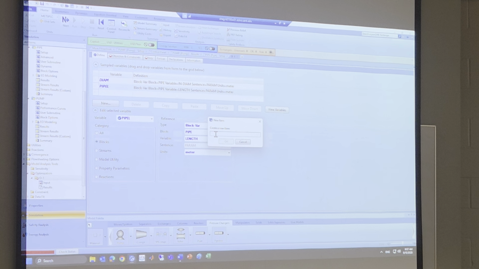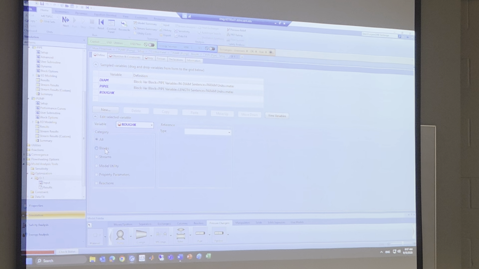So I name it roughness K, roughness parameter K. Block variable. Type roughness. Do we have roughness here? Yes. Roughness in meter.